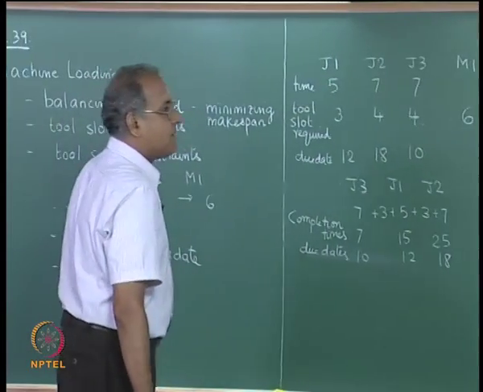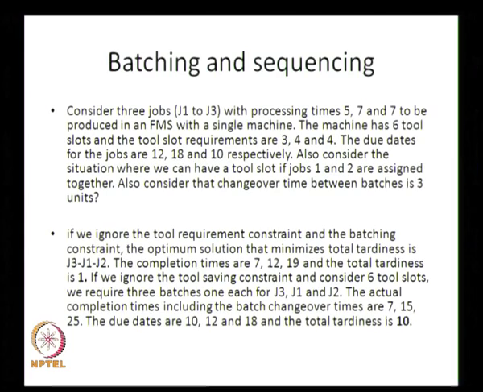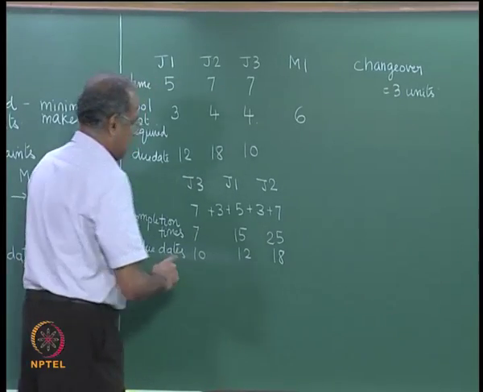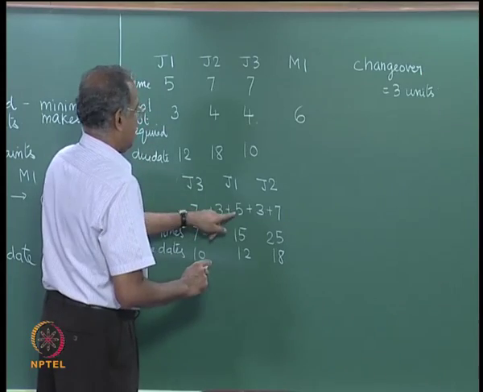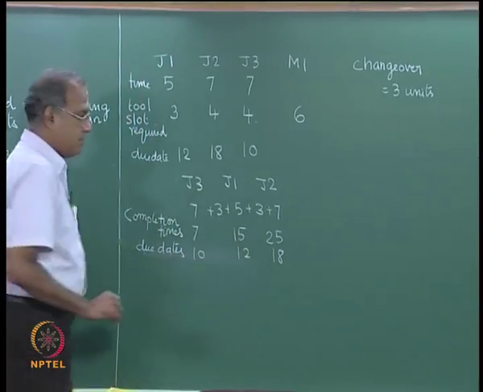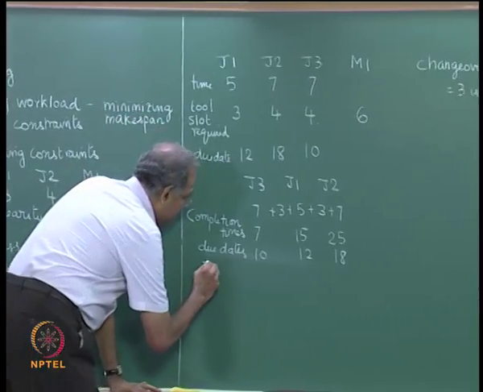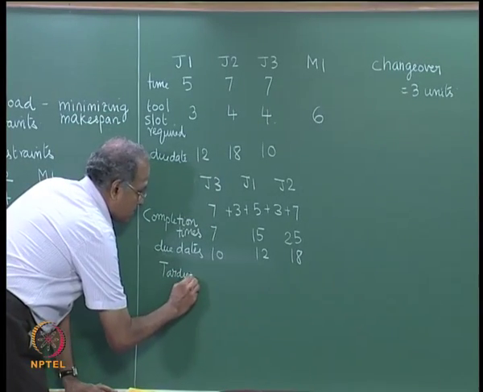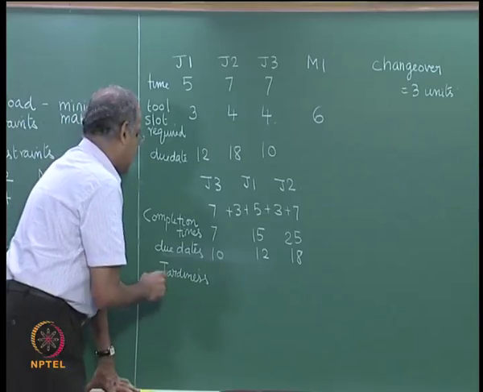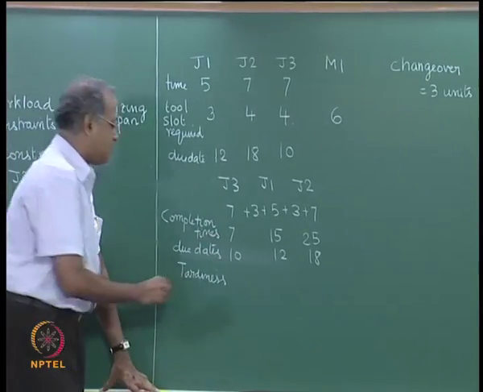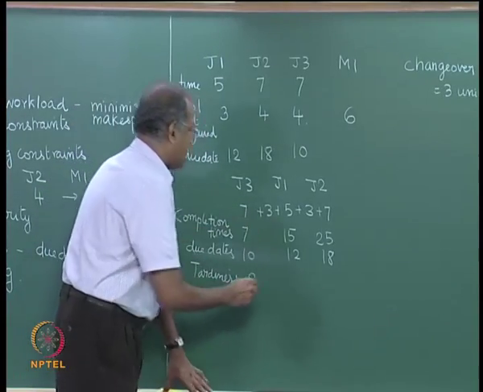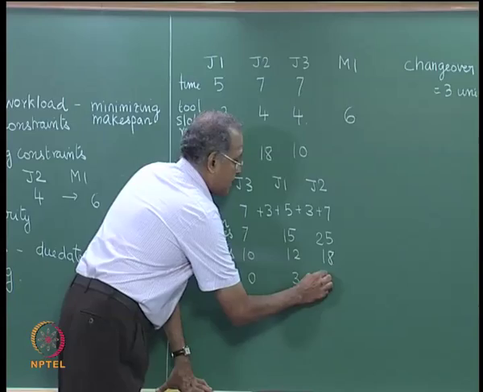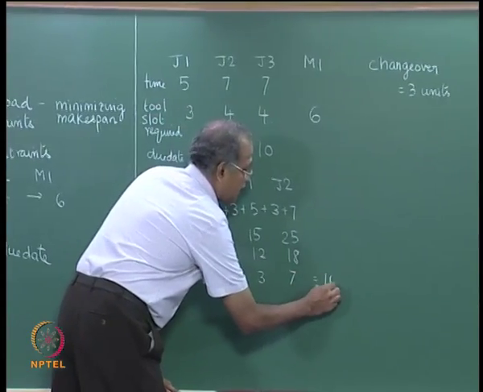So now tardiness will be, this is ahead of the due date. So, tardiness is 0, this is after the due date. So, tardiness is 3 and tardiness is 7. So, total tardiness is 10.